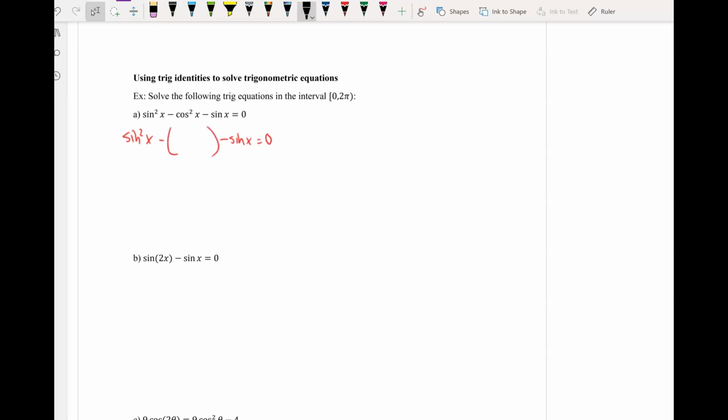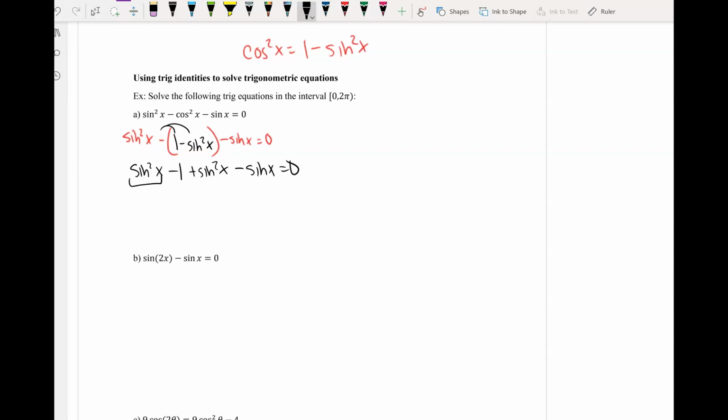So I know this guy right here. Well, I know cosine squared x is also equal to 1 minus sine squared x, if I flip it around. So this guy, I'm going to plug in 1 minus sine squared x in there to make everything into a sine. So you're going to have sine squared x minus 1 plus sine squared x minus sine x equals 0.